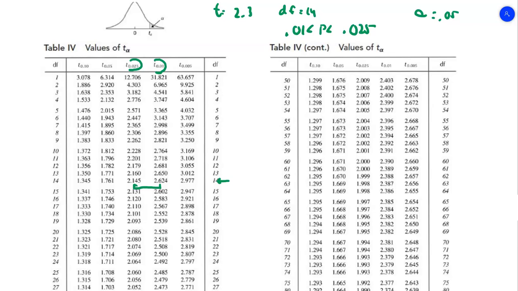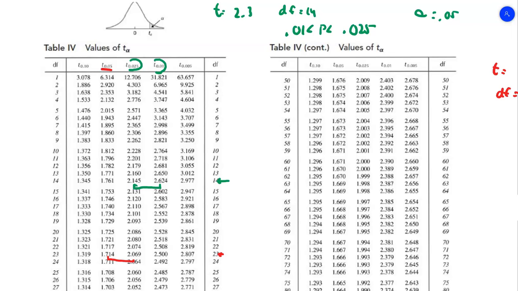So here, let's try another one. Suppose you had a t-value of 1.75 with 23 degrees of freedom. All right, so here's 23 degrees of freedom. Where's 1.75? It is real close to that 0.05.